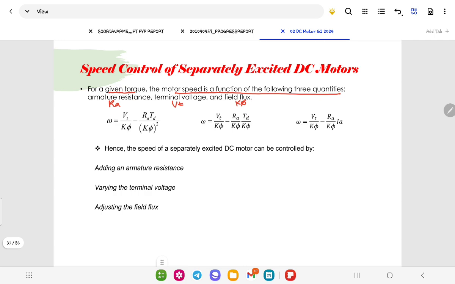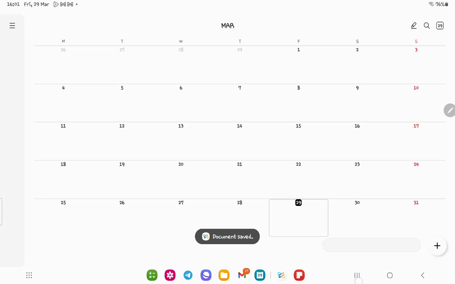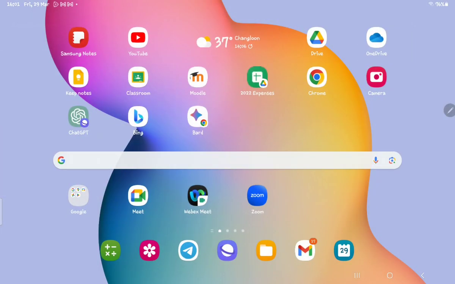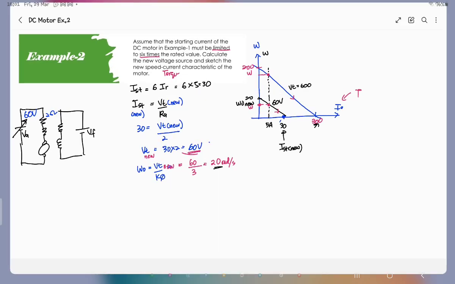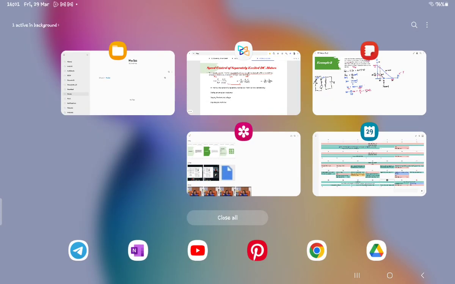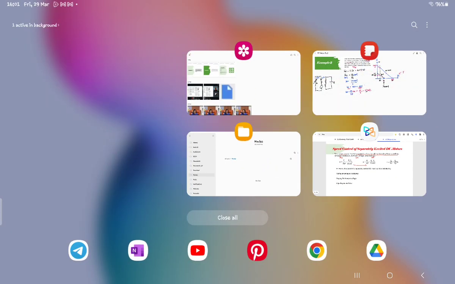This is the equation of speed. This one is the same, it's just that they expand the kV.